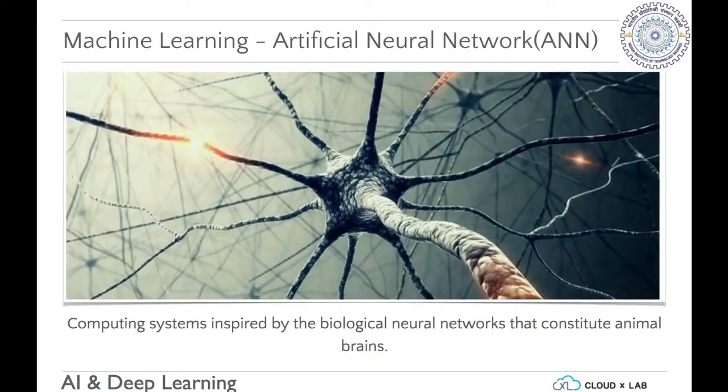So computing systems inspired by animal brains are known as ANN, or artificial neural network. It's not necessarily the way the animal brain functions. It's a little different in the way it is trained and so on. But the idea originated there.